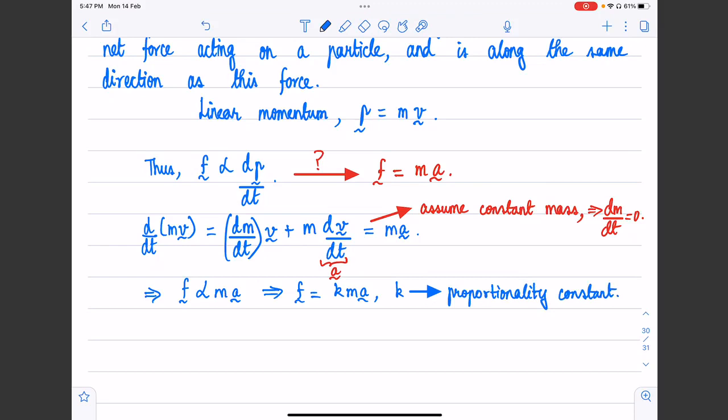Obviously, if k is equal to 1, right? So the answer is clear. My question to you is how or when, to be very precise, when would we have k equal to 1, and we can use F equals ma?